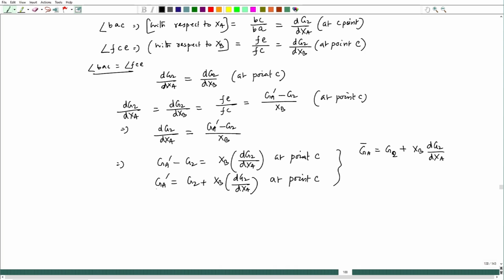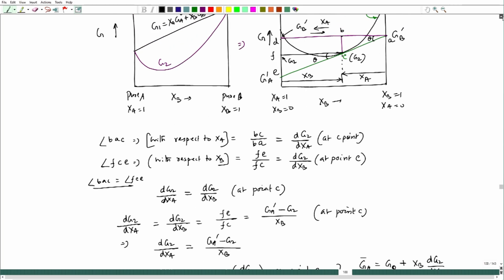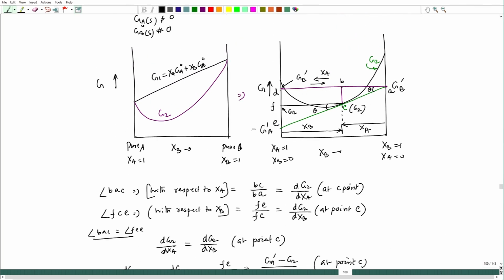So, that means this is nothing but the partial molar Gibbs free energy of A in the solution, and that actually falls on the same point where GA prime is obtained. So, here if I look at this particular plot, this would be nothing but GA bar.